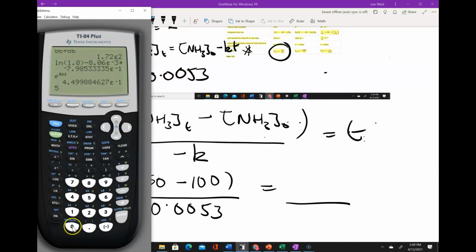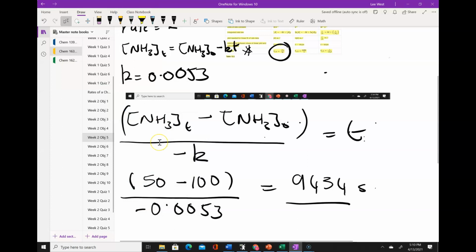So 50 minus 100 is my top row. Divide by minus 0.0053. Hit enter. There we go. 9,434 seconds, to the nearest whole second.